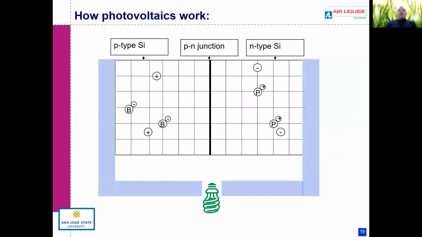Right. So here is my cartoon of a photovoltaic PN junction. And here you have boron doped silicon. So every intersection here is a silicon atom, right? And this is just a 2D arrangement. Silicon actually has the diamond structure, so it's a little more complex.